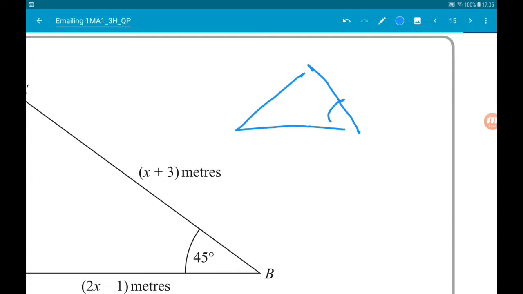So, if you have a triangle and you know an angle, we'll call it theta, and you know the two sides coming out of it, usually a and b, area is 1/2 ab sine theta.